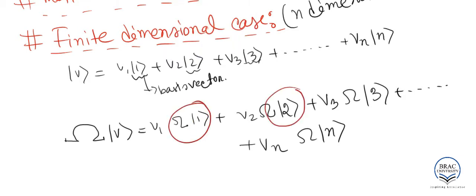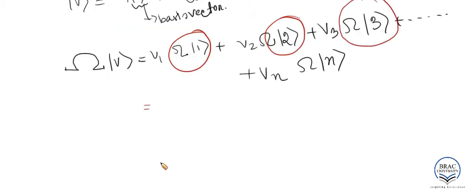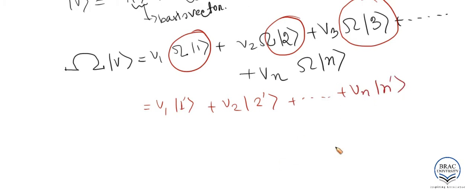You can understand that this omega will act on these basis vectors and they will get changed. So we will have v1 |1'>, v2 |2'>, and so on, vn |n'>, right? So what is happening is that these bases are getting transformed, that is, their fate has changed.